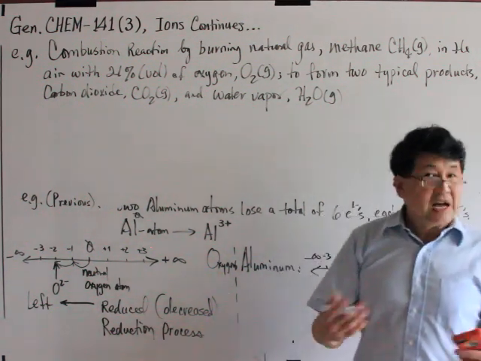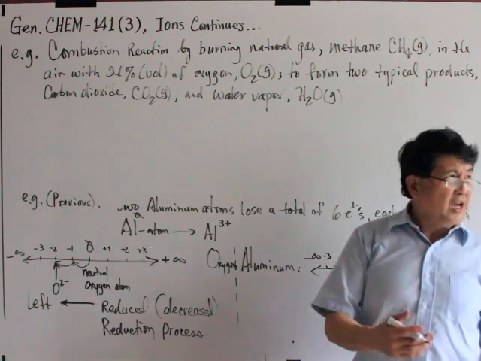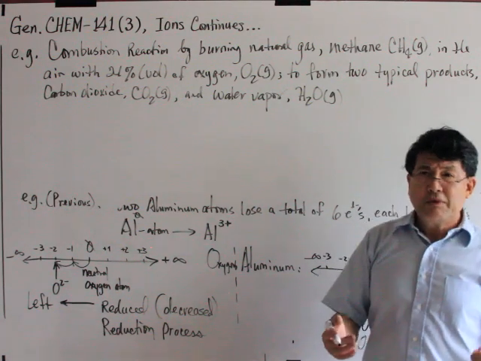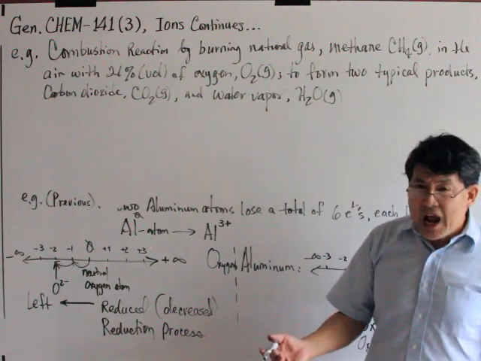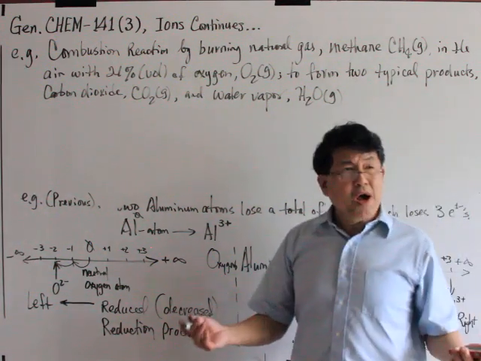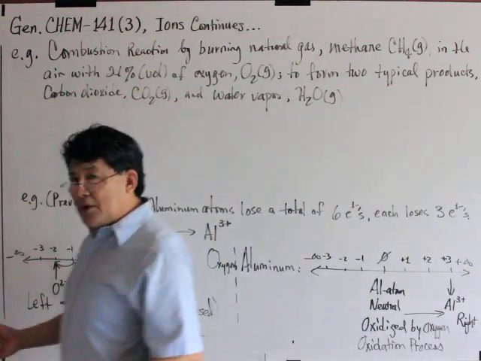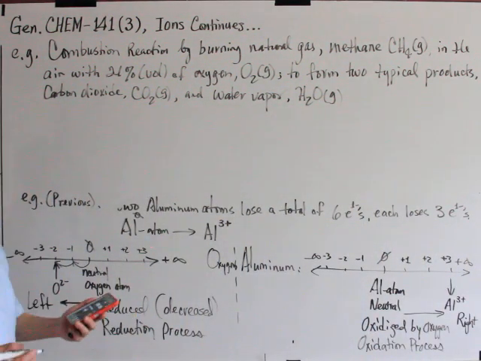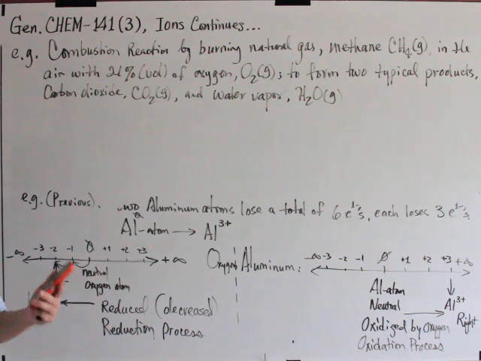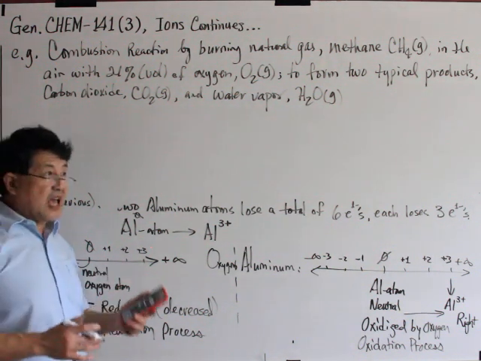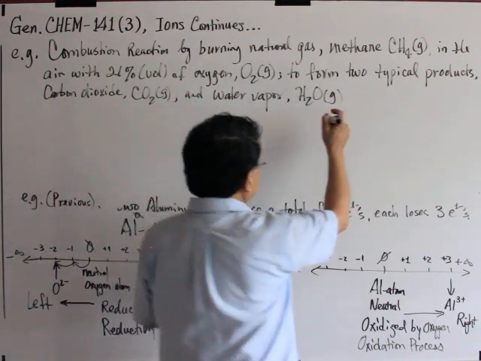You produce carbon dioxide as gas, but do you have water dripping from condensation? No, you have water vapor because the temperature is higher. The temperature is much, much higher than 100 degrees Celsius, which is needed for water to condense into liquid. So immediately after the reaction, the water is not in the liquid state, it is in the gas state. So that's gas, right?